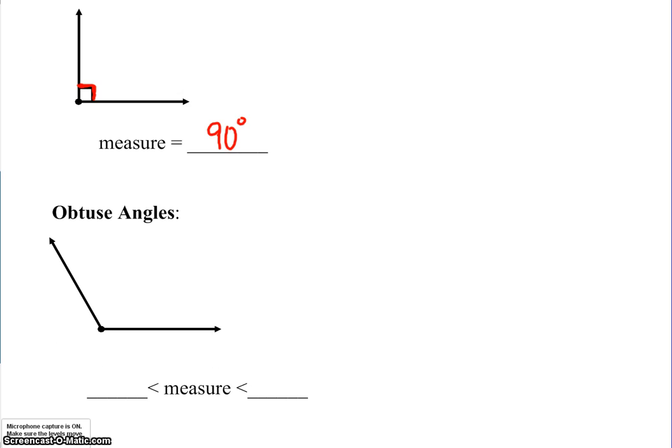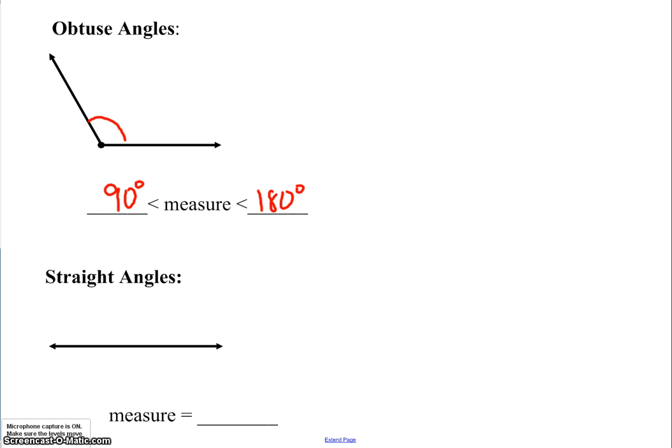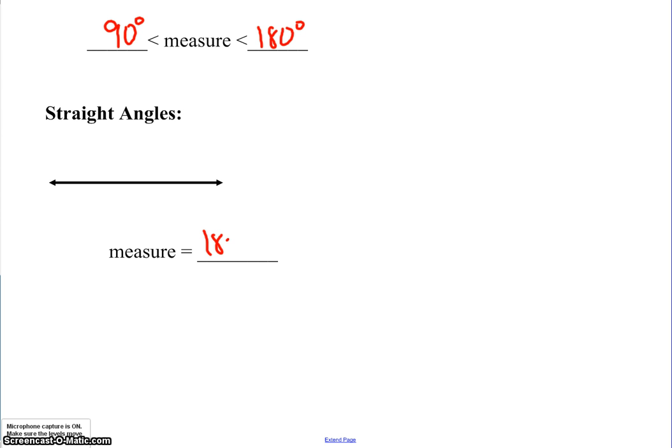Obtuse angles. If you are larger than 90 degrees, then you would be an obtuse angle. So for this class, obtuse angles are going to be between 90 degrees and 180 degrees. That would be an obtuse angle, like this one, which is clearly larger than 90 degrees, but also less than 180 degrees. And a straight angle would be exactly 180 degrees.